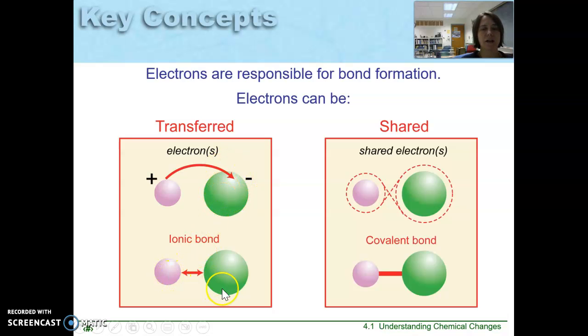Then the positive and the negative are attracted and you get an ionic bond. The electron was transferred. Over here, we might have part of oxygen and hydrogen, and then another hydrogen over here to make water. Those electrons are being shared between the two of them. It's not like one gives the other, but they share it, and that's called a covalent bond.